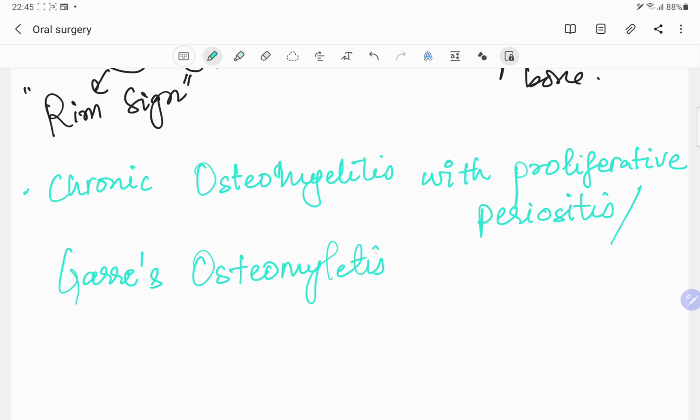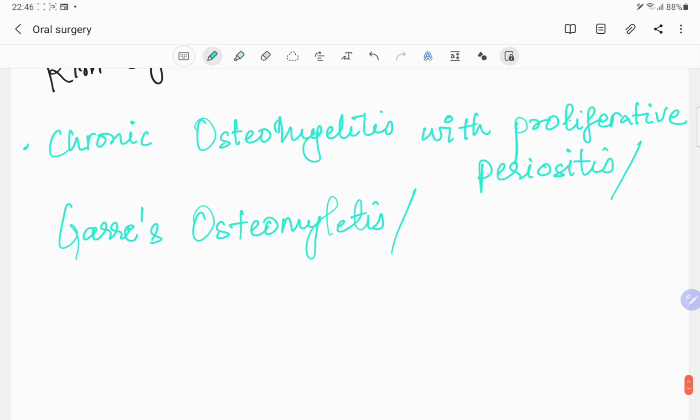Because of the chronic osteomyelitis, long-standing osteomyelitis, you can see there is inflammation of the periosteum, which is the outermost layer of the bone. In response to this inflammation, there is new bone formation in response to this irritation. Hence, it is also known as periostitis, that means inflammation of the periosteum, ossificans.